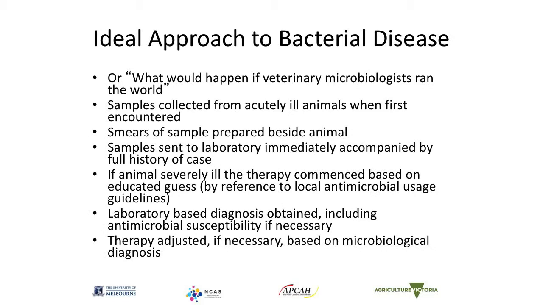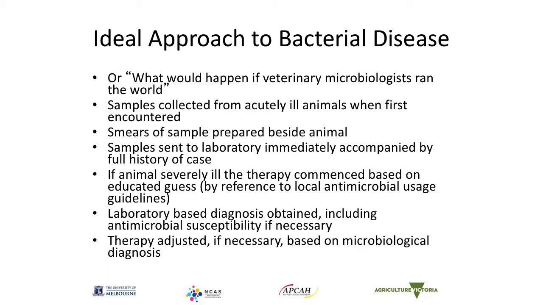Really, we could call this what would happen if veterinary microbiologists ran the world. Ideally, we would like to see samples collected from acutely ill animals when they're first encountered, and smears prepared of that sample beside the animal at the time that the sample is collected. The samples should then be sent to the laboratory immediately, accompanied by a full history of the case.